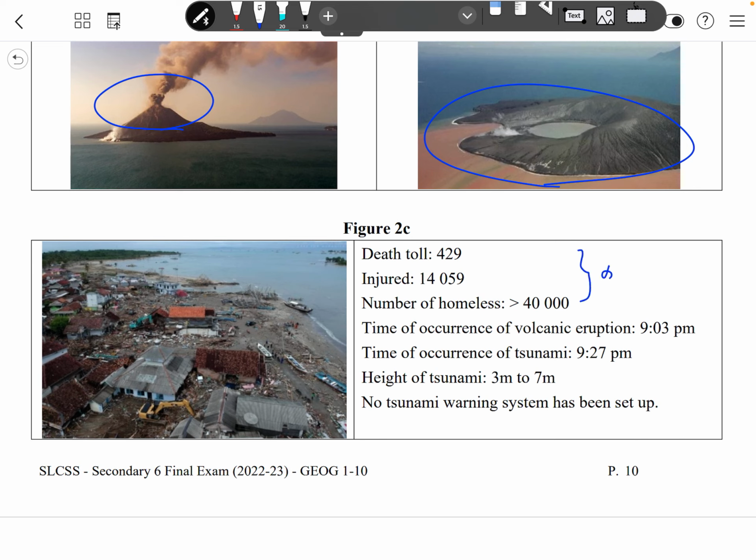This is the damage, and then we have the time of occurrence of the tsunami, the tsunami wave height, and that no warning signal had been set up. The left hand side shows pictures of the damage of the tsunami to the region.